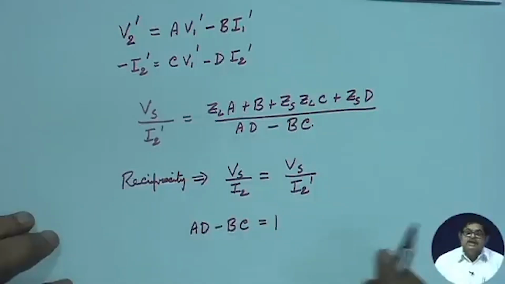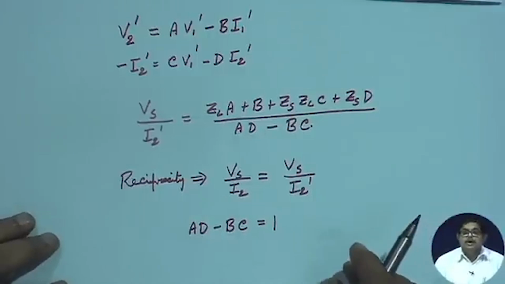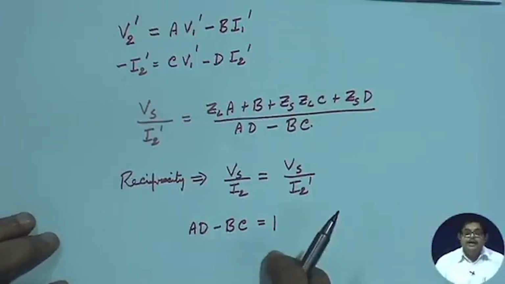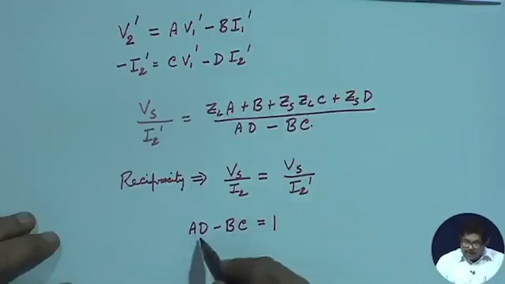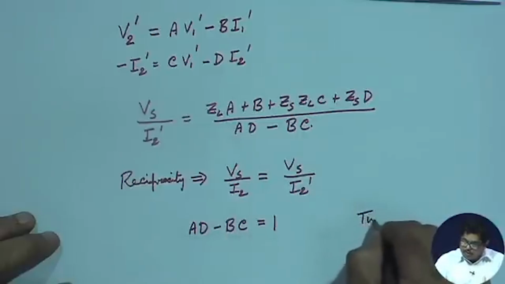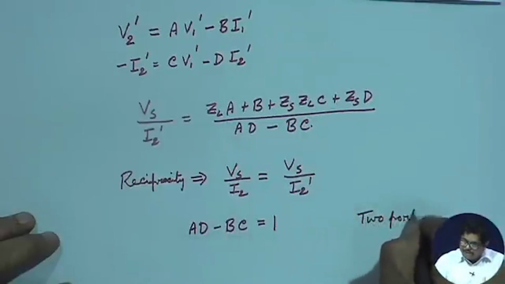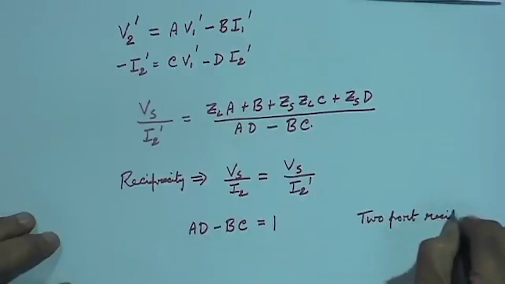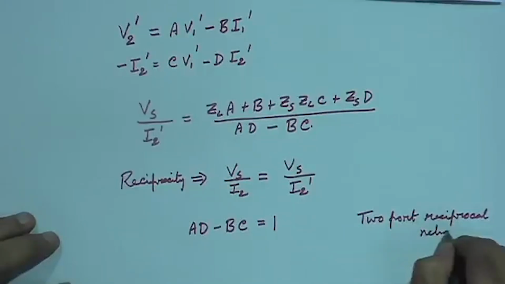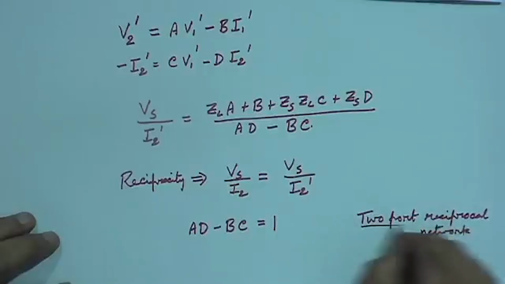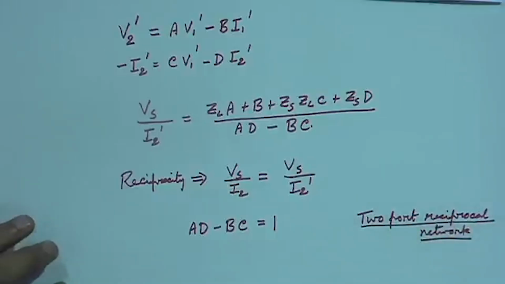All of you know that for a reciprocal network the ABCD parameters have this relation, but for us it has a particular, important bearing. For a two port reciprocal network, I do not need 4 parameters to represent the network.